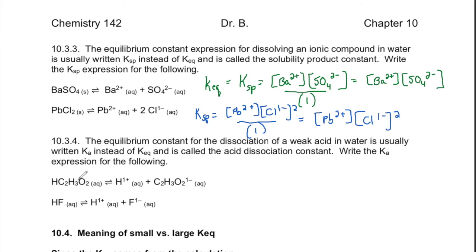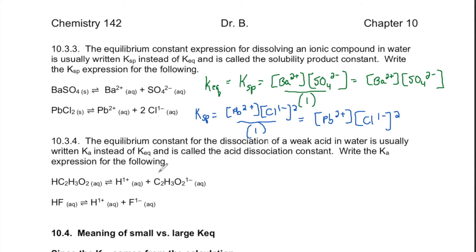Another type of equilibrium constant that's kind of specialized would be that of a weak acid or weak base, because we looked at before how weak acids like acetic acid are weak electrolytes. Not all of it separates into ions when you dissolve it. Most of it stays together as a molecule. The thing about that is that it's a reversible process. So some of the molecules are falling apart into ions, but they're doing that at the same rate that the ions are coming back together to be molecules.